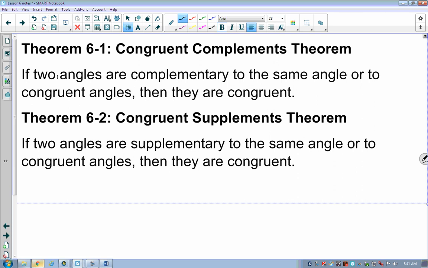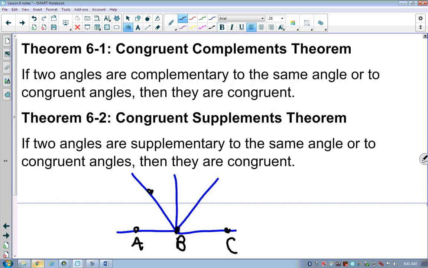so I'm trying to think of an instance here. Let me draw this out. Let's see. Okay, let's say I've got something like this. It's possible, let's see, A, B, C, D, E, and F. Angle ABD and angle DBE are complementary.